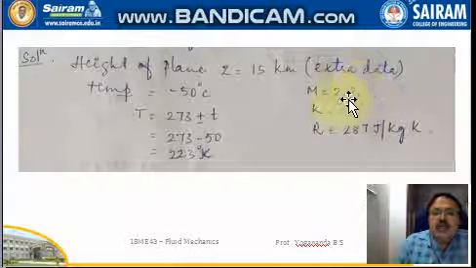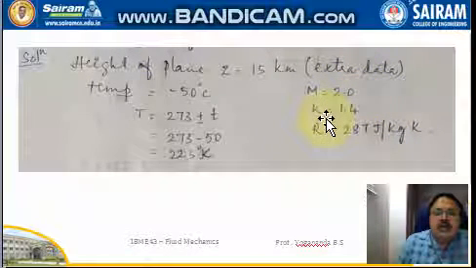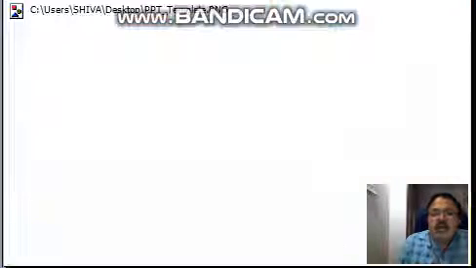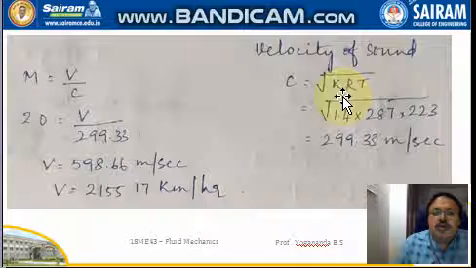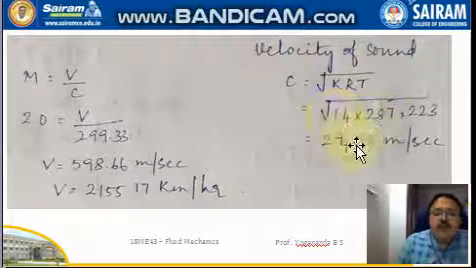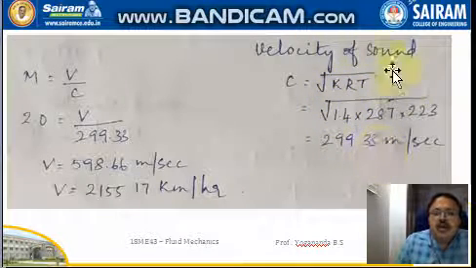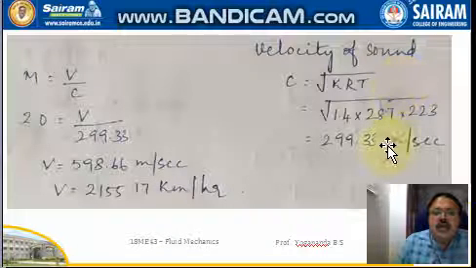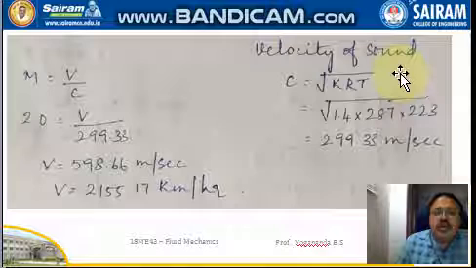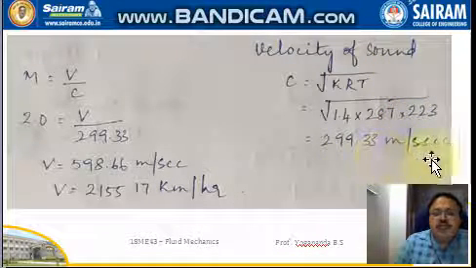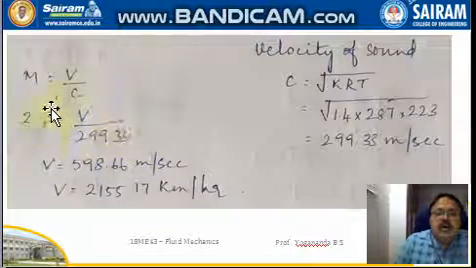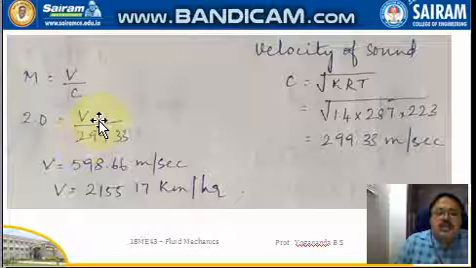The other data given are Mach number, constant of specific heat, and gas constant. Those are substituted in the velocity of sound equation, so that the sound produced by the plane when flying in the air travels at a velocity of 299.33 meter per second.